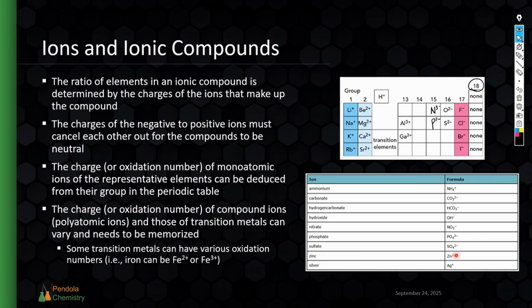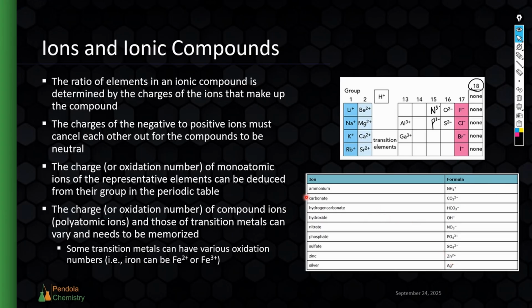And that usually will be obvious from the context of the questions. Same thing with silver having a +1 charge or gold having a +1 charge. Because they're transition metals, we just need to remember from our past dealings in chemistry, or simply by looking at the context of the question, what the charge of the ion is.